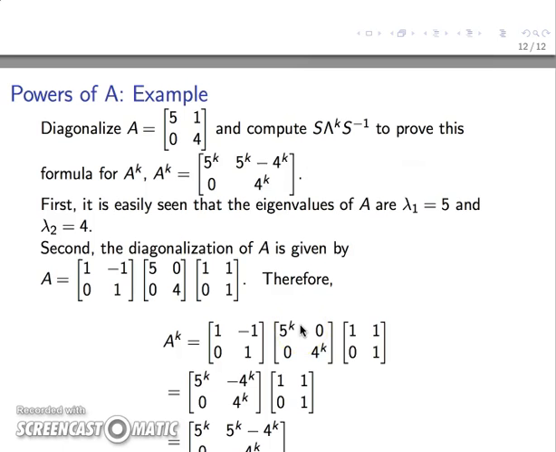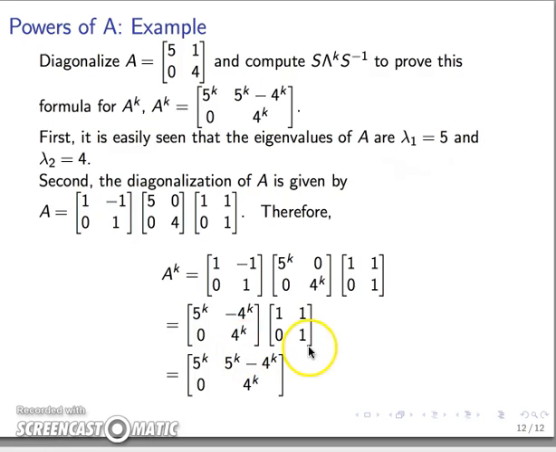And when we do the last step, we arrive at this 2 by 2 matrix that has first column 5 to the k power, 0, second column first entry 5 to the k minus 4 to the k, and the second entry is 4 to the k. So this example is a little more elaborate. I went quite fast through the steps, but I'm confident that you could pause the video now and verify the calculations and verify that this is indeed the case.